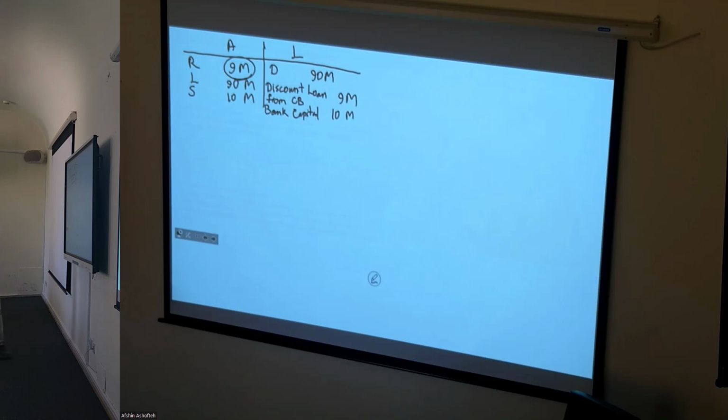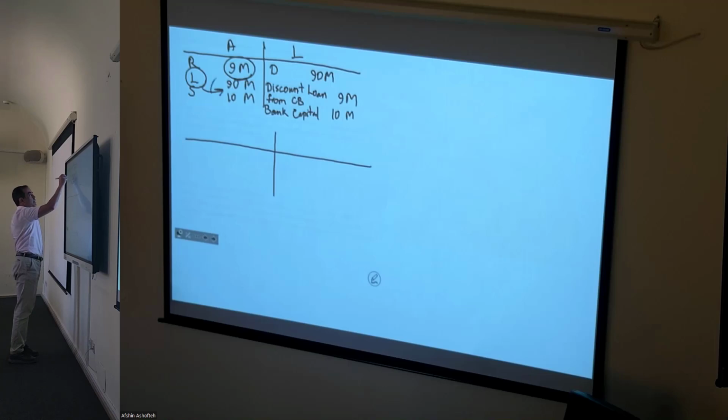Another expensive way is reducing the amount of the loans. The loans that we had on the asset side, we change this part on the asset and liability. So we have the reserves. We need the 9 million here.